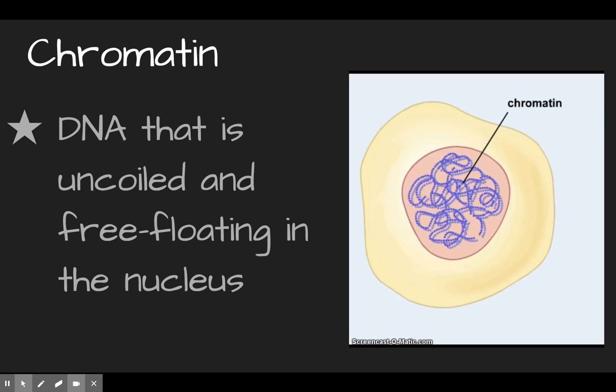It's typically coiled. And I'm sure you've seen pictures of DNA before, be it on a TV show or in a science class. They've shown examples of pictures of DNA. And so typically it's that coiled look. It kind of looks like a ladder. Well, chromatin specifically, it's still DNA, but it's uncoiled, and it's just free floating in the nucleus.